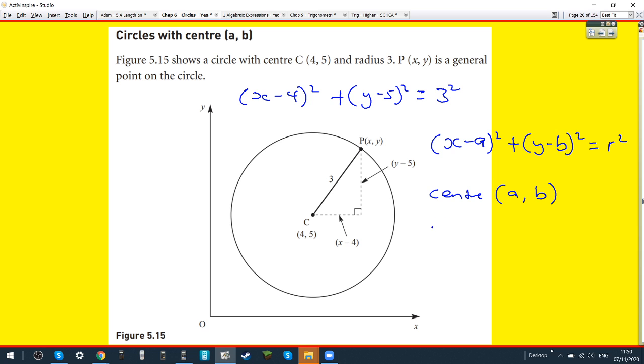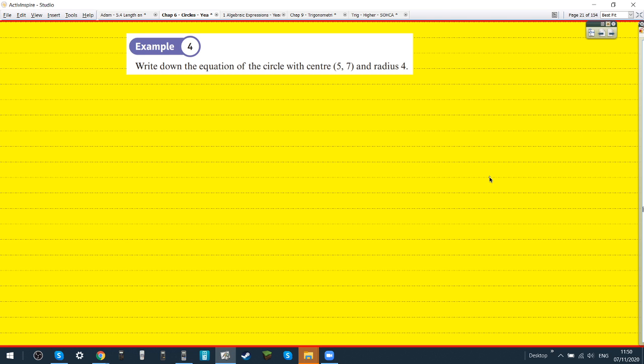And then the radius is the square root of whatever's on the right side. Square root of r squared. Yes, and that equation will produce a perfect circle, because it's Pythagoras. Okay. How about this?